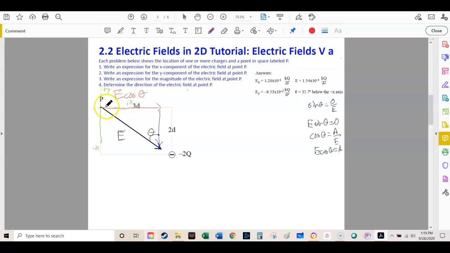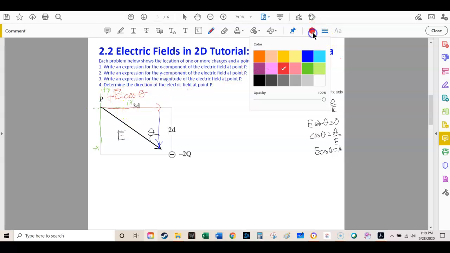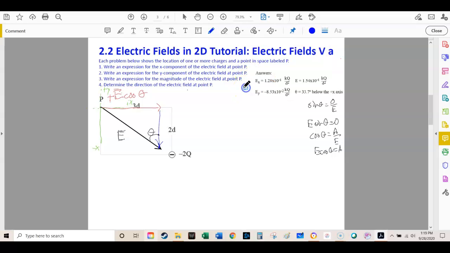That arrow is pointed to the right, so it's pointed in the positive x direction. The blue arrow is pointed down, so it's pointed in the negative y direction.